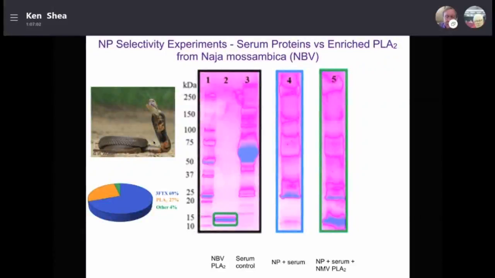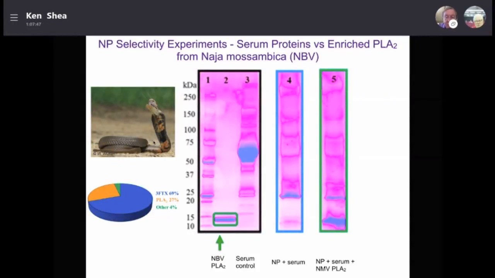Now what's important is to test the nanoparticle in more challenging situations using whole venom and in the presence of serum proteins. Because if we had a nanoparticle that bound all proteins, it wouldn't be selective. And so we have to demonstrate selectivity. This is a chromatography experiment, an SDS-PAGE, okay, that shows on the first column that I've highlighted just the venom itself, PLA2.